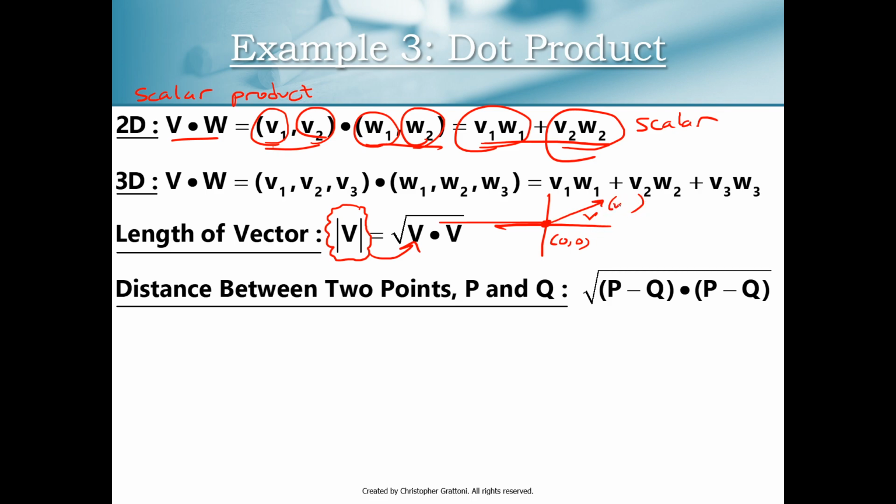Well, you could call it v1 and v2, right, if you wanted to. The distance from the origin is the length of this vector. And so what looks like absolute value bars is the distance from the origin to the tip of vector v.